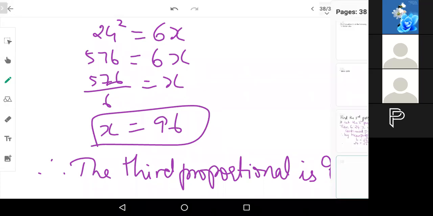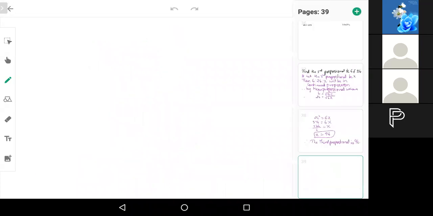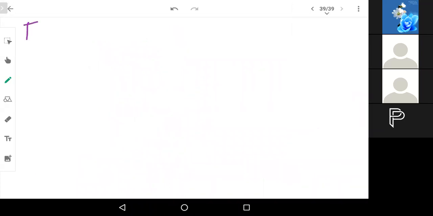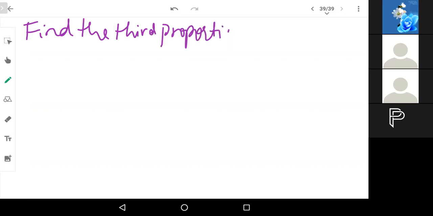Now, let us solve one more similar problem. Find the third proportional to 4 and 8. Now try solving this. Find the third proportional to 4 and 8.